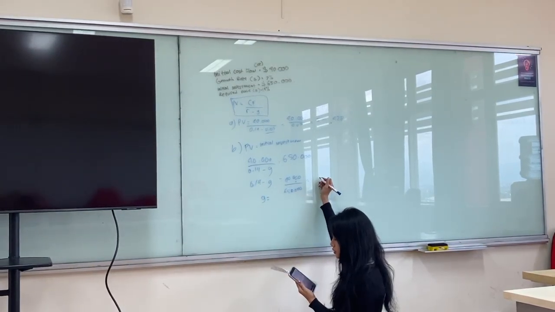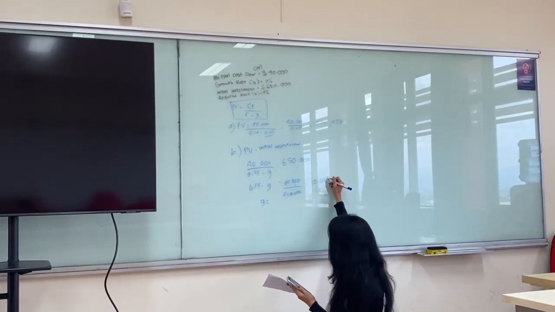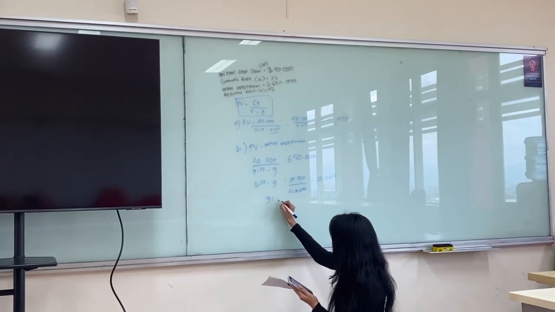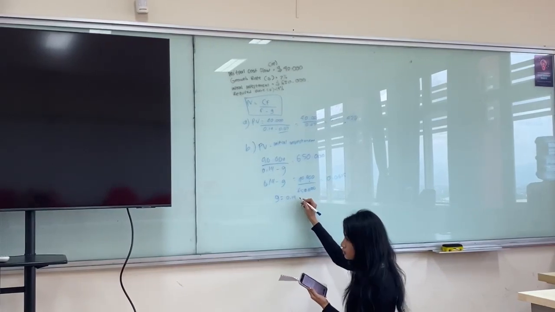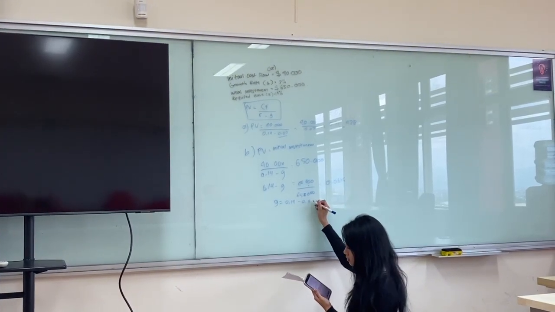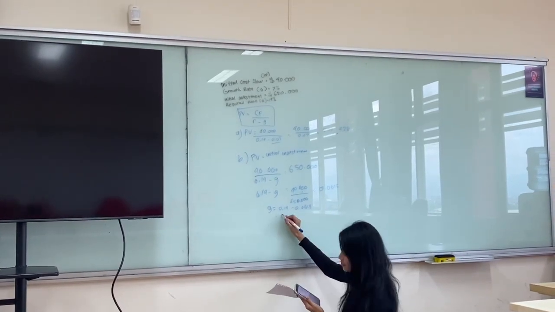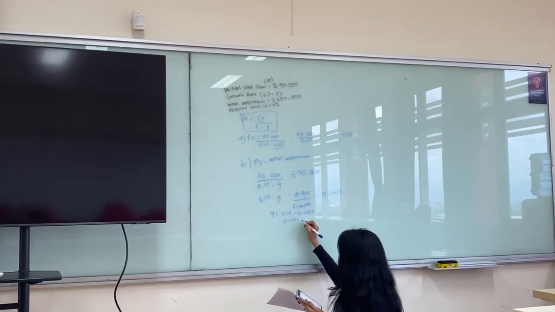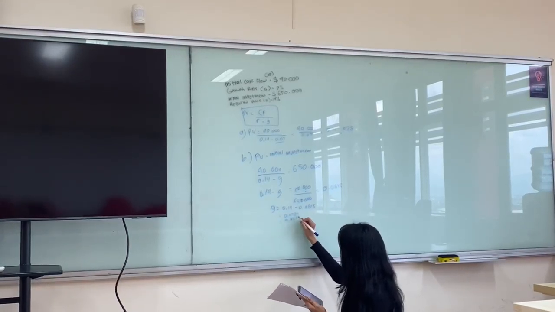equal to 0.0615. So the G is 0.14 minus 0.0615, so 0.07085, or it can also be 70.85%.